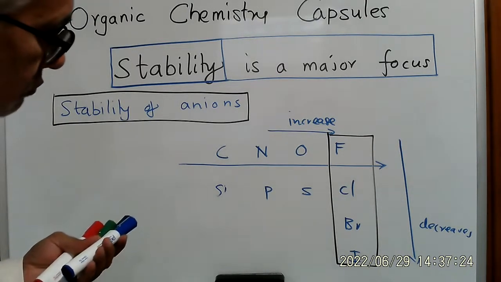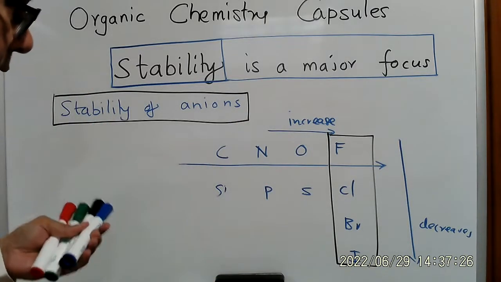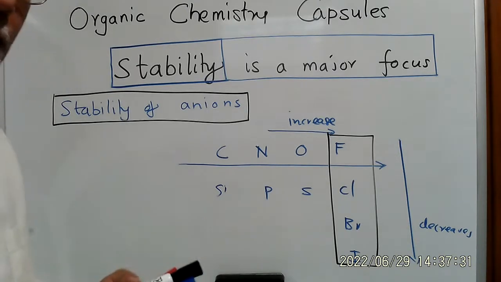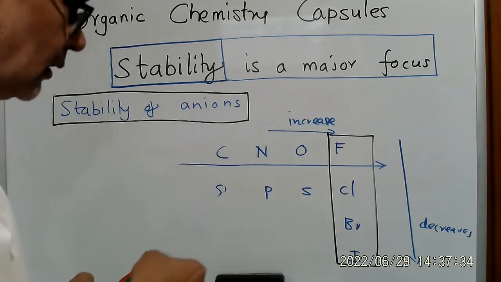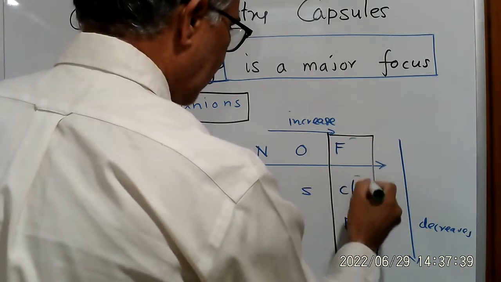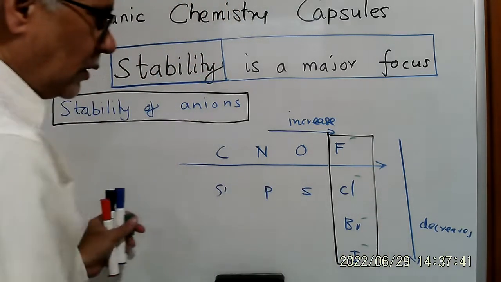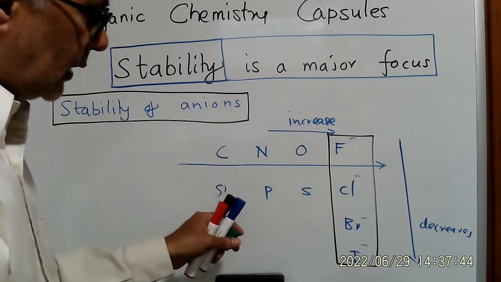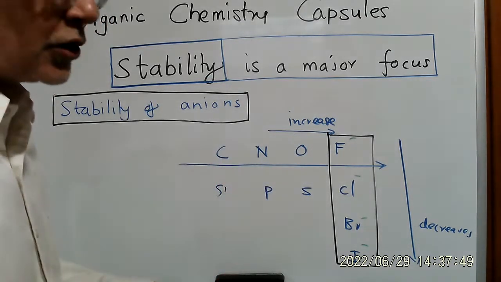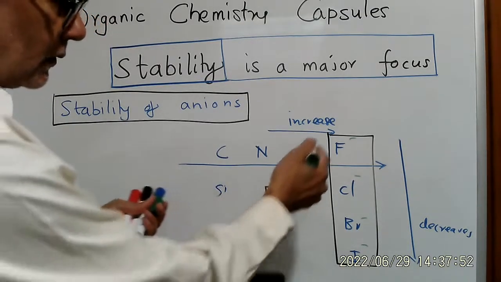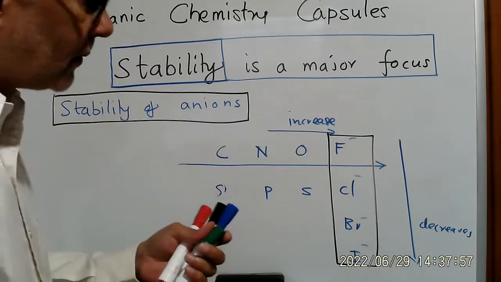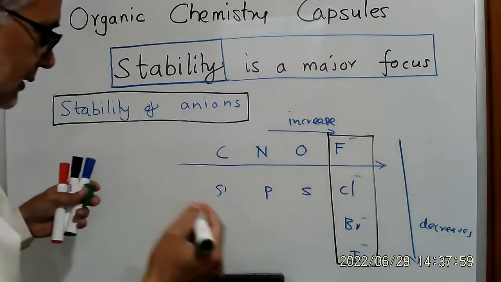Since fluorine is most electronegative, it makes sense to think fluoride is again most stable of these ions: F minus, Cl minus, Br minus, I minus. So it may seem at first glance that fluoride is more stable because it's the most electronegative atom, but something else is happening here. So what is that something else?